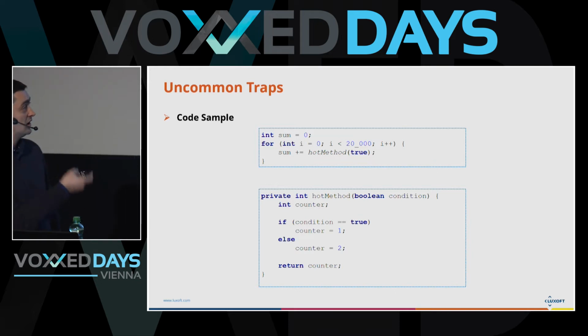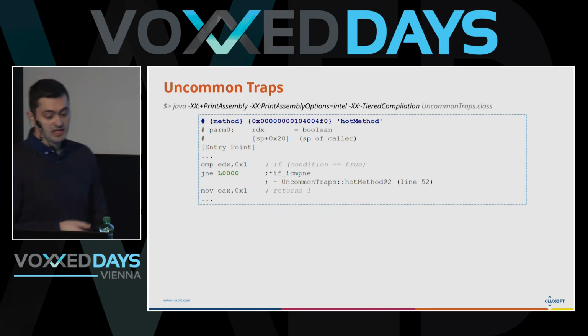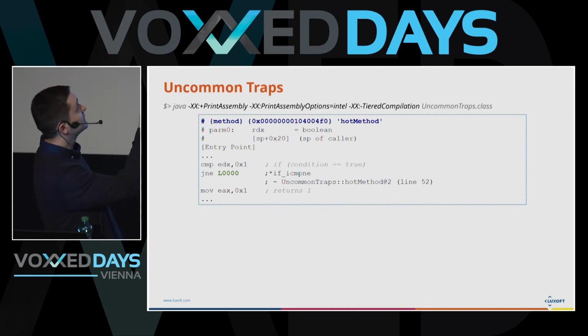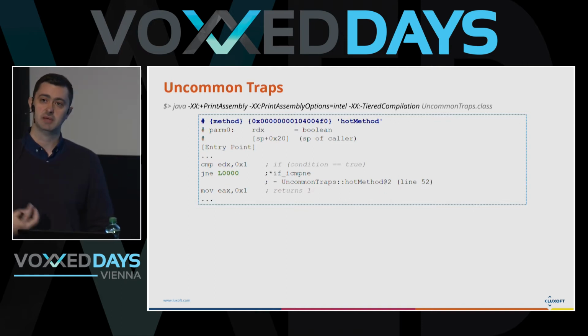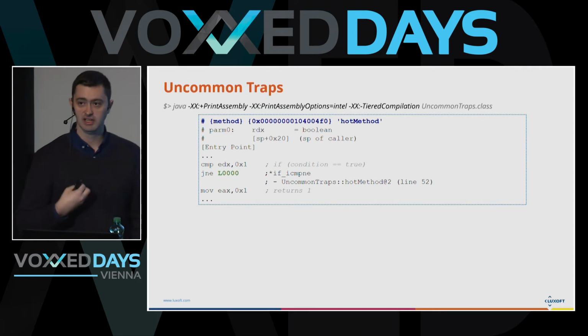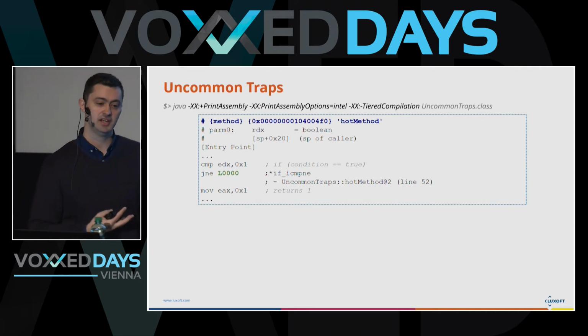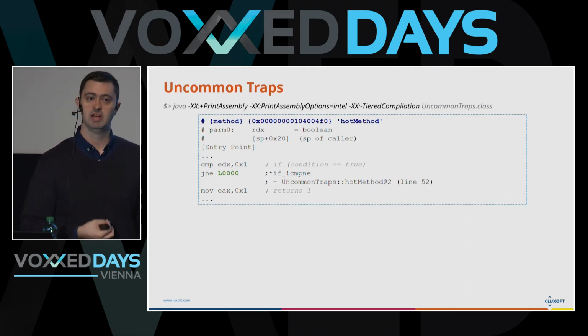And I took this code and launched my JVM with print assembly. Print assembly tells the JVM I want to print my assembly during the runtime. And of course, I want to print the assembly in the Intel syntax. There is also AT&T syntax, but I use Intel more.